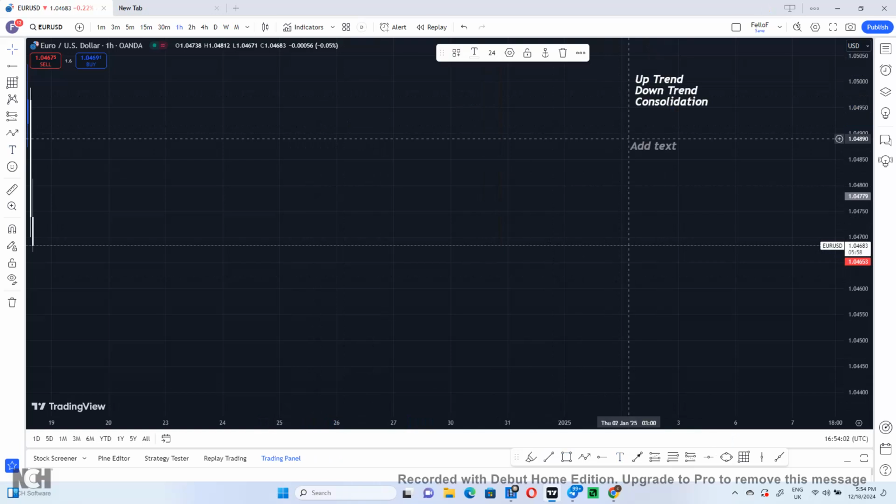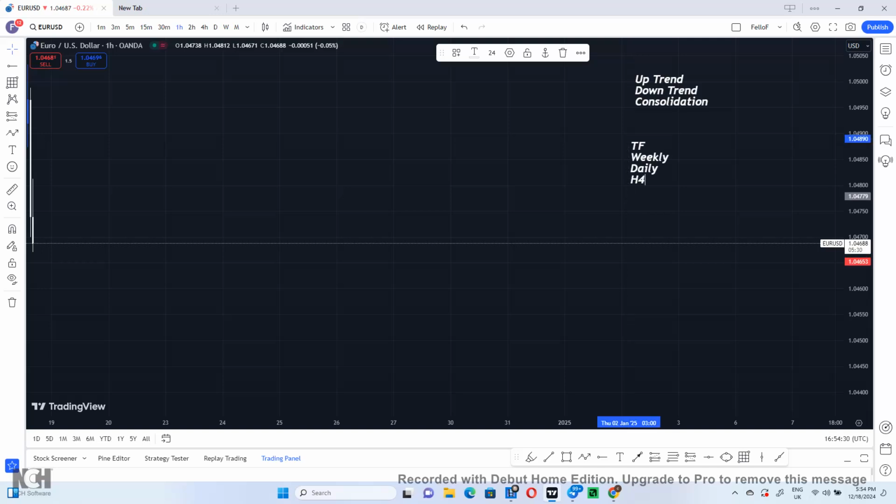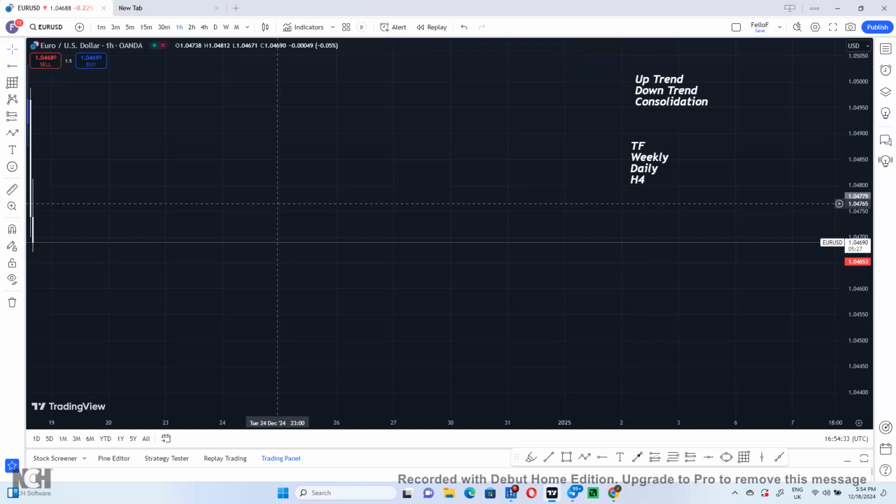So for the top-down analysis, we use the weekly, we have the daily, and we have the H4, which stands for 4 hours. These are the time frames I use for my top-down analysis.